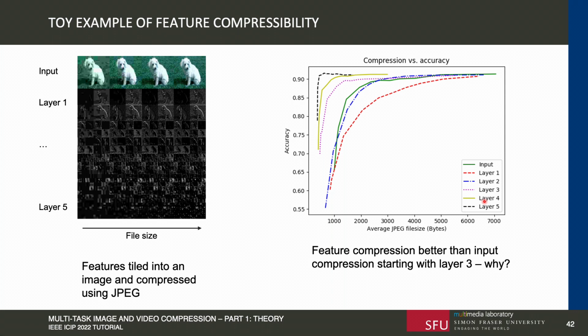So what we see here is that input compression in terms of rate accuracy seems to be about as good as compressing layer 2, and in fact better than compressing layer 1. Because for a given accuracy, we can achieve a lower file size or lower rate by compressing input.